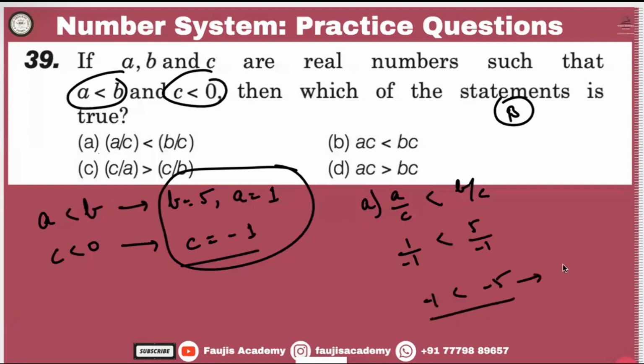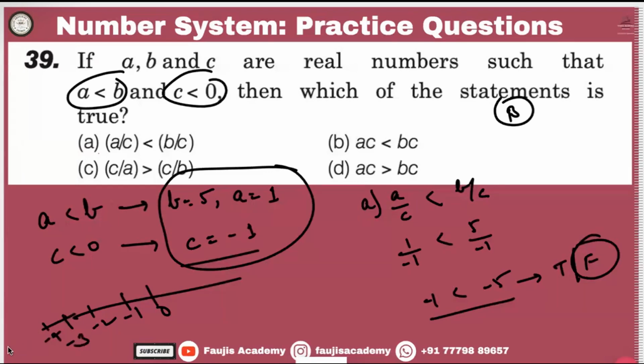Is it true or false? It's false, right? On a number line, if it is 0, -1 is here, -2 will be here, -3 here, -4 here, and -5 here. So which one is lesser, -5 or -1? Which one is lesser, -5 or -1? -1, sir. -5. Okay.